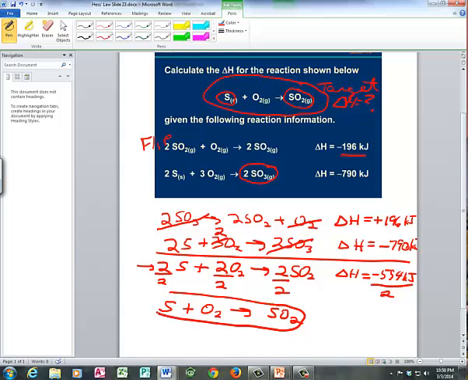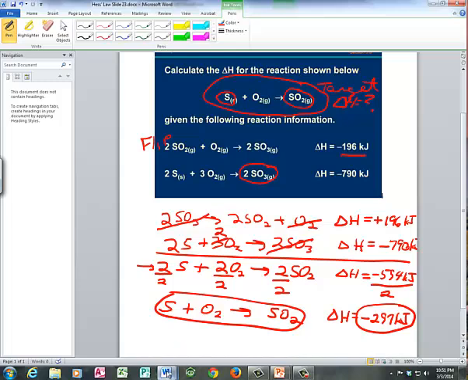Since my delta H is just another product of this reaction, dividing the minus 594 by 2 will give me the delta H for this reaction. And the delta H for this reaction, having used Hess's law, is equal to minus 297 kilojoules. That's my delta H for that Hess's law problem.